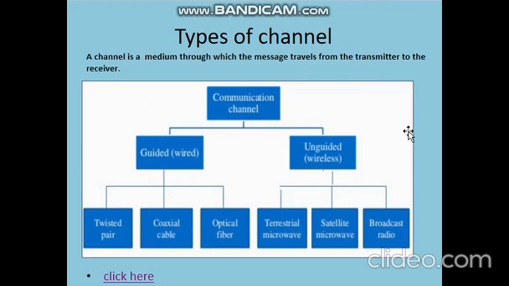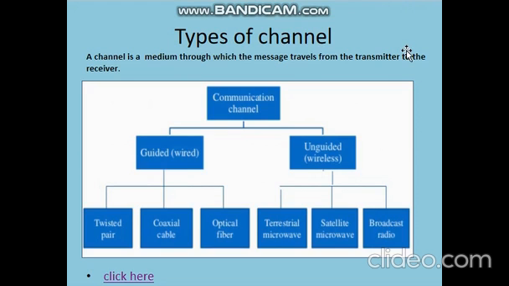Whereas in the case of satellite microwave communication, the transmitting earth station transmits the signal to the satellite placed in orbit around the earth, like a geosynchronous orbit or a low earth orbit, and the satellite again reflects the signal back to the receiving earth station.